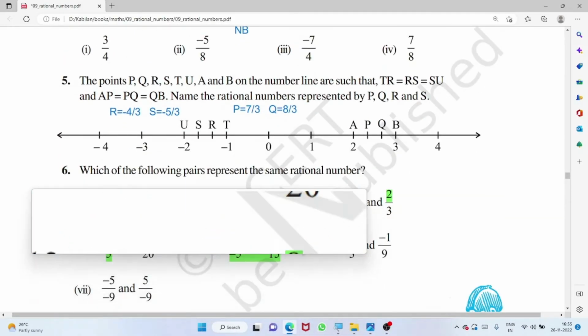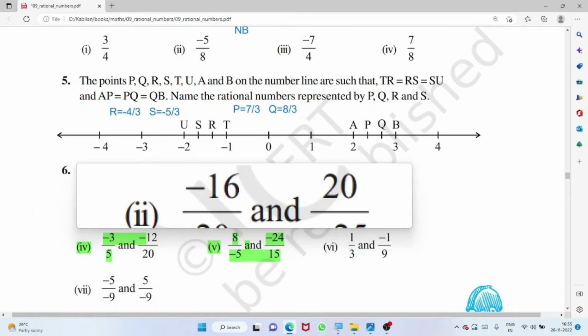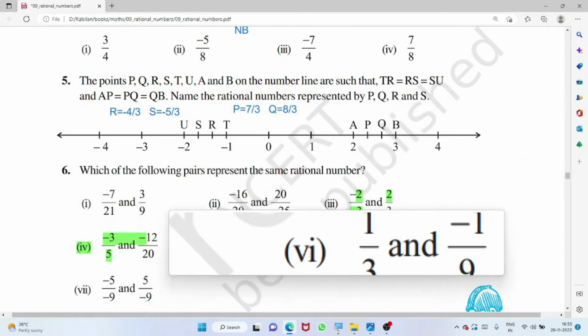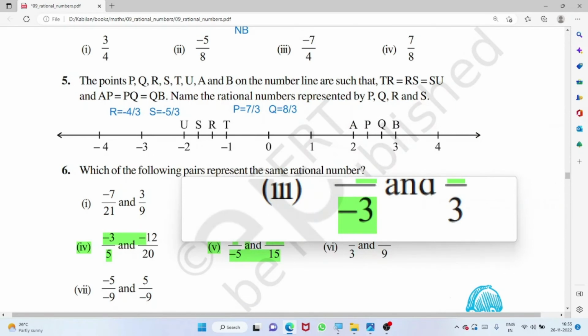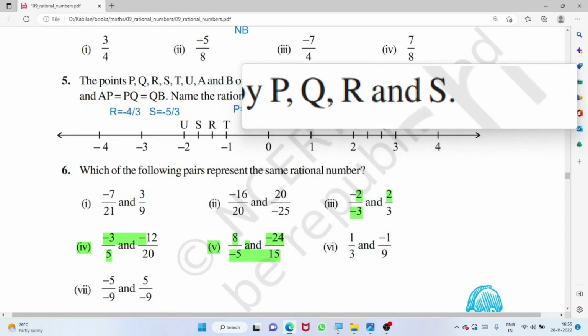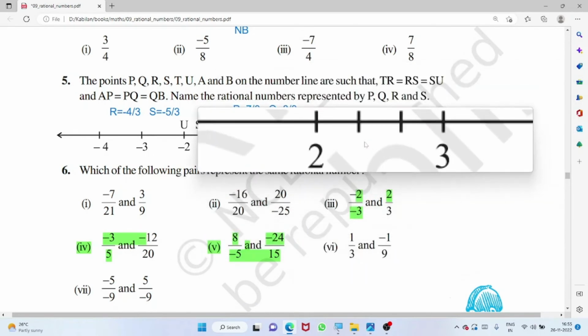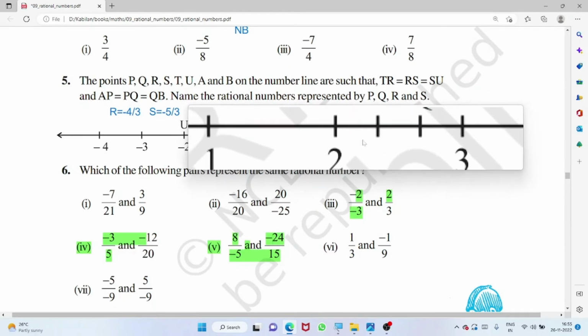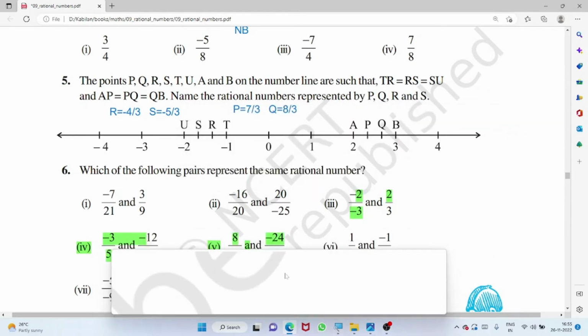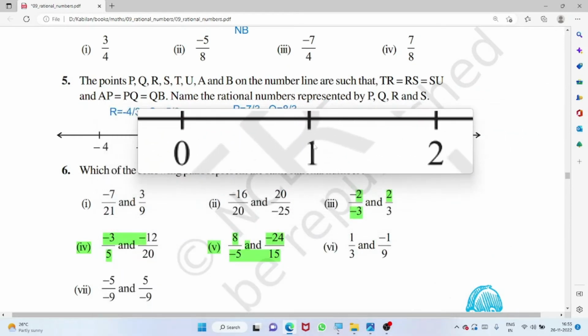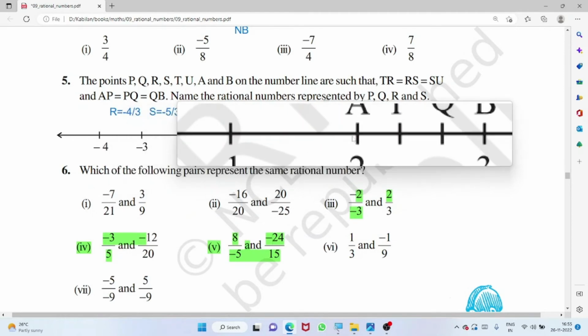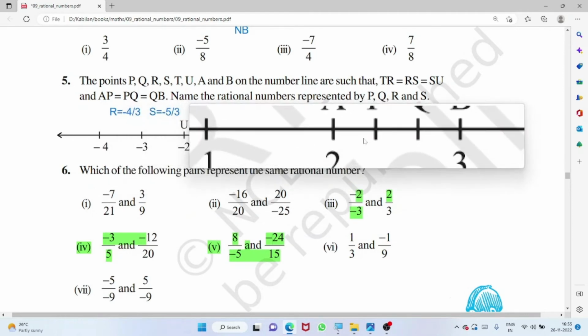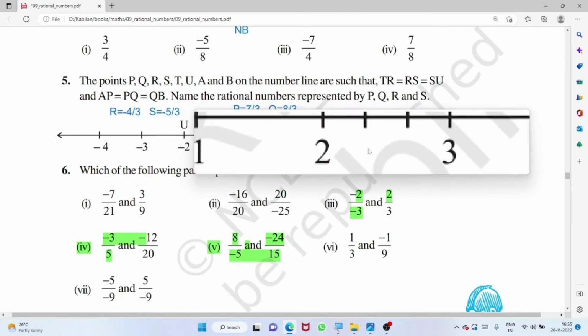Now you see they are given the points. They are asking the value of P, Q, R, S. Between the two integers there are 3 parts: 1, 2, 3. So 3 parts here, 3 parts here, 6 parts, and so this is 7 by 3.